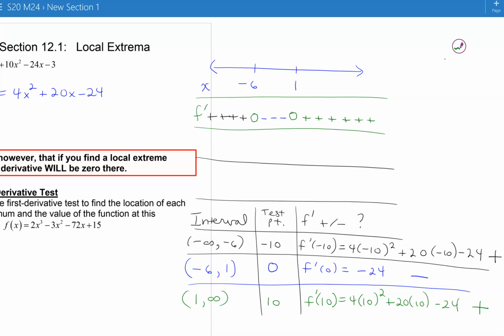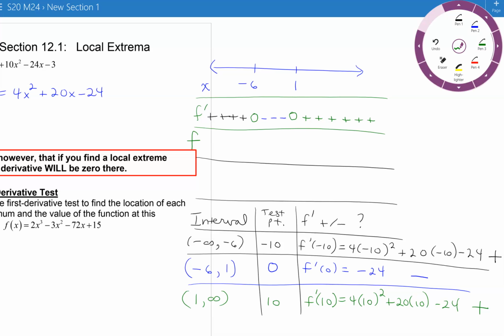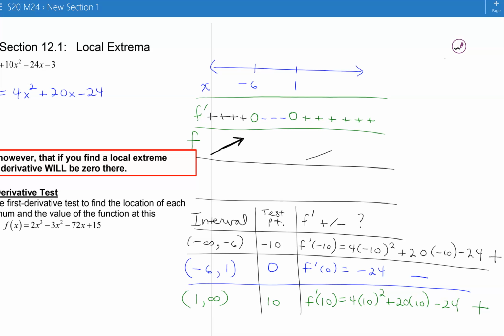So now let's see what we can say about the function. So if the derivative is positive, the function is increasing. And here from 1 to infinity, the derivative is positive, so the function is increasing. Then from negative 6 to 1, the derivative is negative, so the function is decreasing.